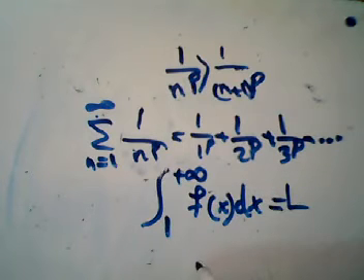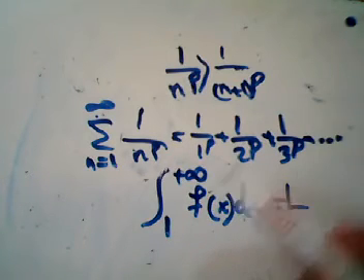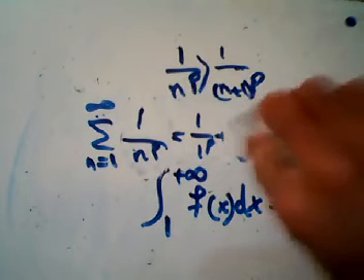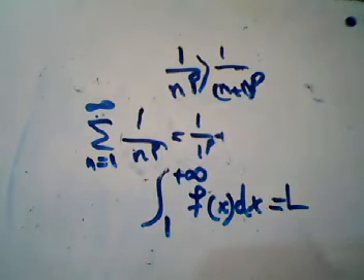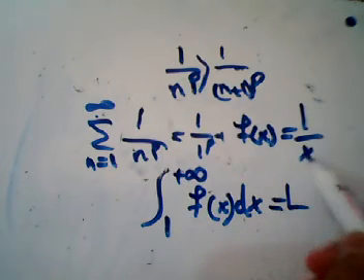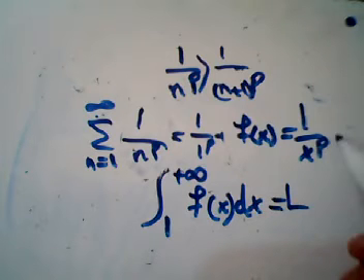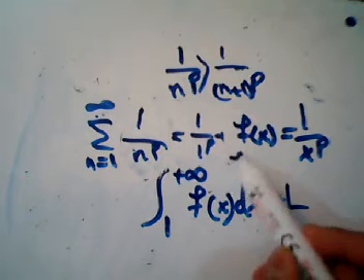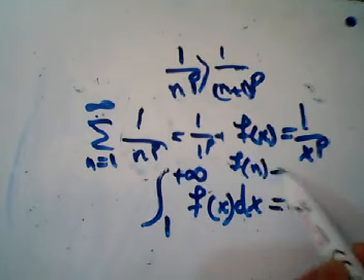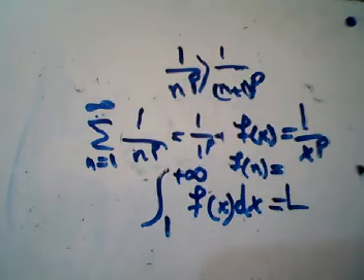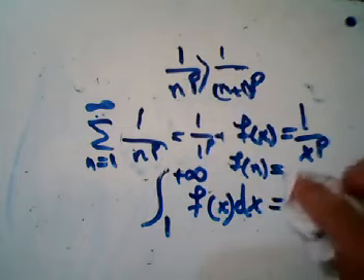And now this function happens to exist, f of x equals 1 over x to the power of p, which for integer numbers would be equal to this sequence. You just substitute n here, that would be this.